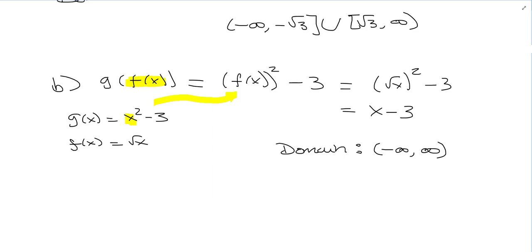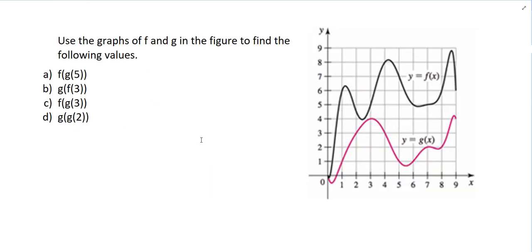So let's try an example like that. All right, so let's look at this example. Use the graphs of f and g shown to find the values. So I want to find, for part A, f of g of 5. So that means I'm going to look for the inside first. So we're going to look for g of 5.